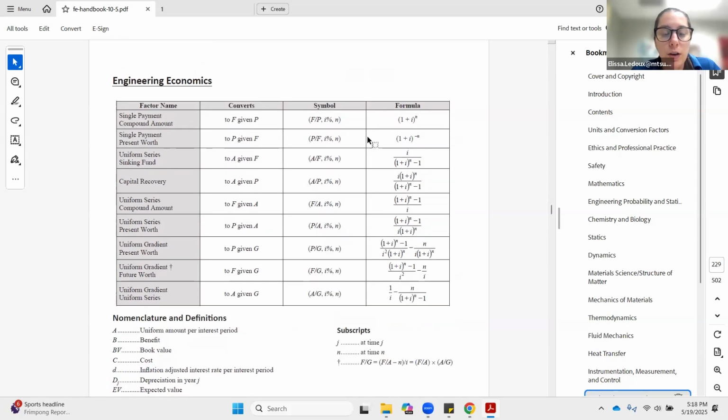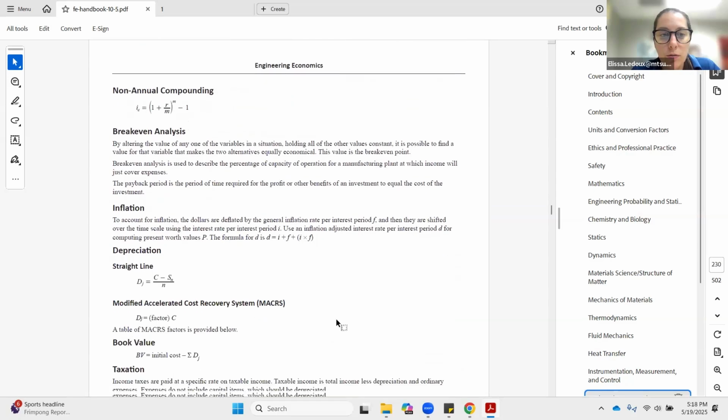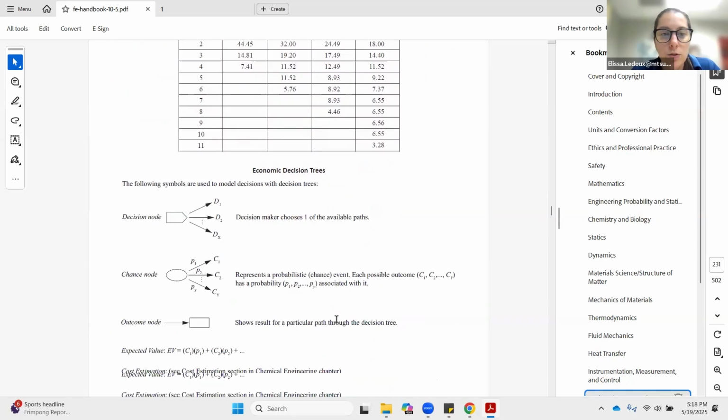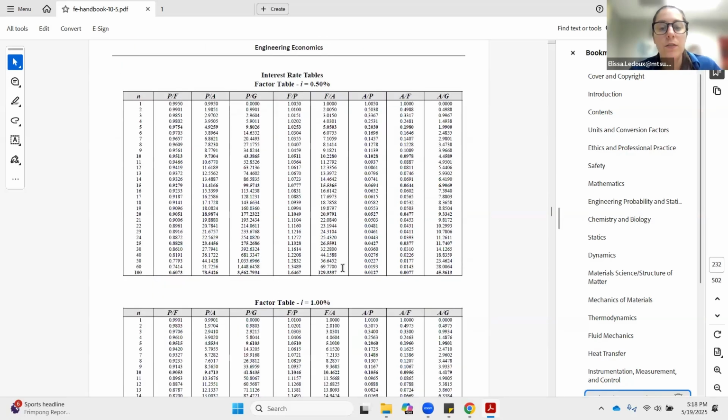But you can do everything using these formulas, but you can also do them using tables. If you know which one you need, the P over F, the P over A, etc., you can just use this table for whatever is the appropriate interest rate, and then however many years or months, and just find it in the table.